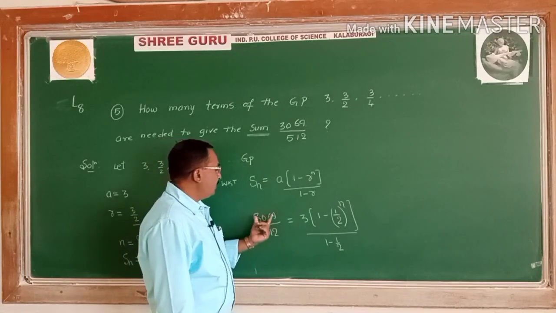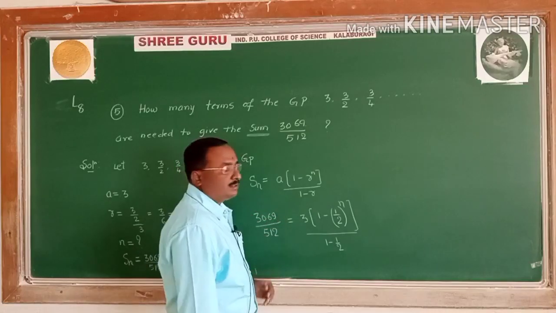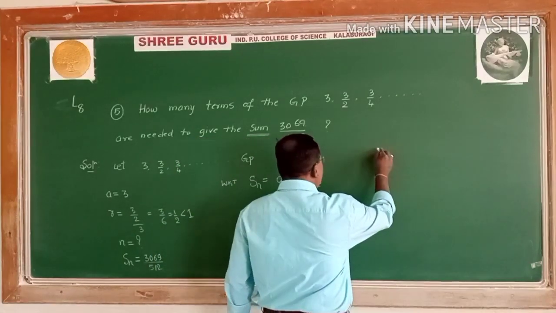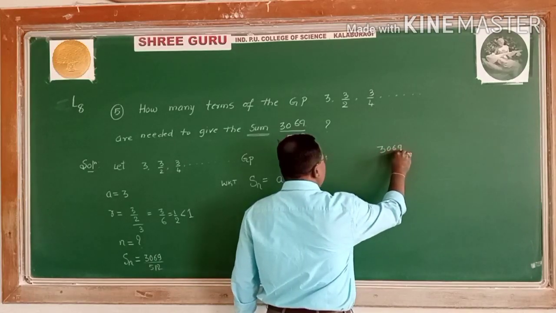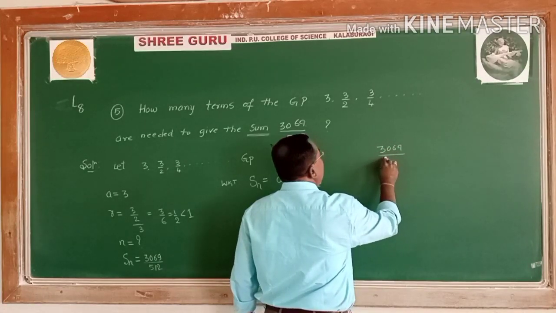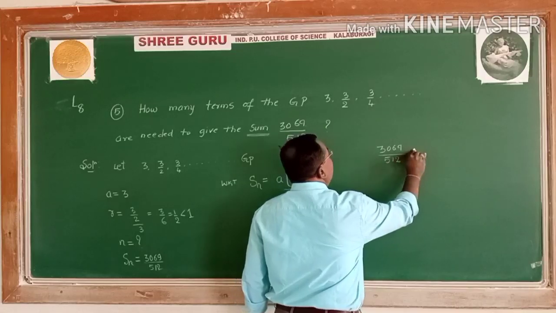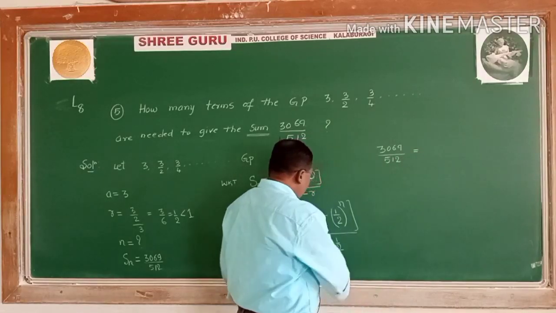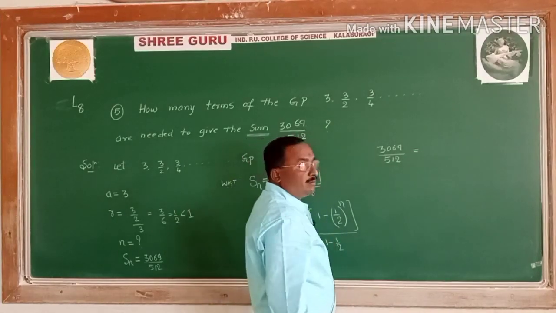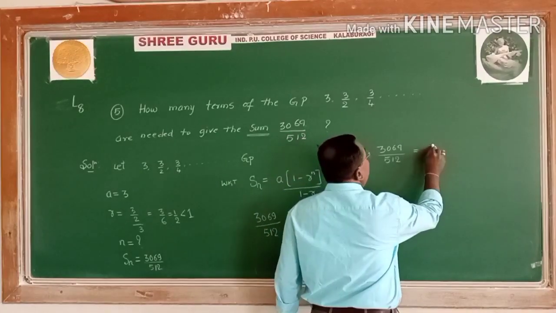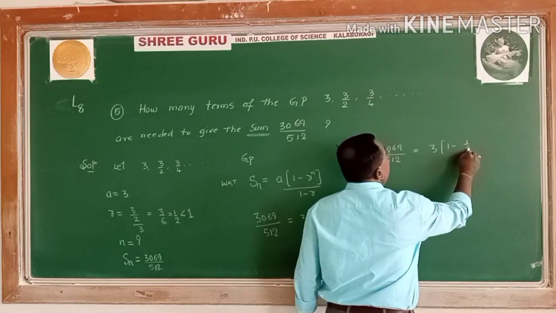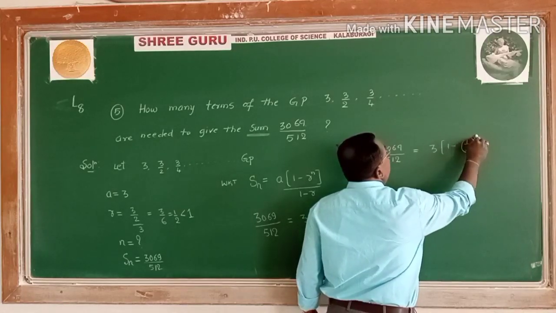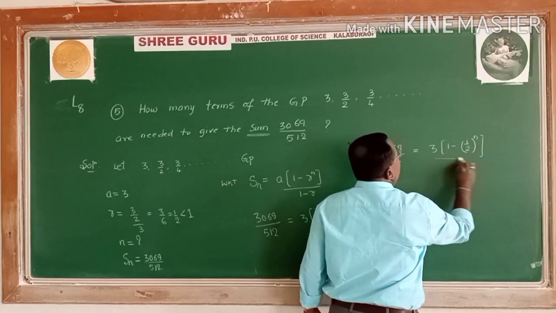So 3069 divided by 512 is equal to 3 times 1 minus 1 by 2 whole power n divided by 1 by 2.